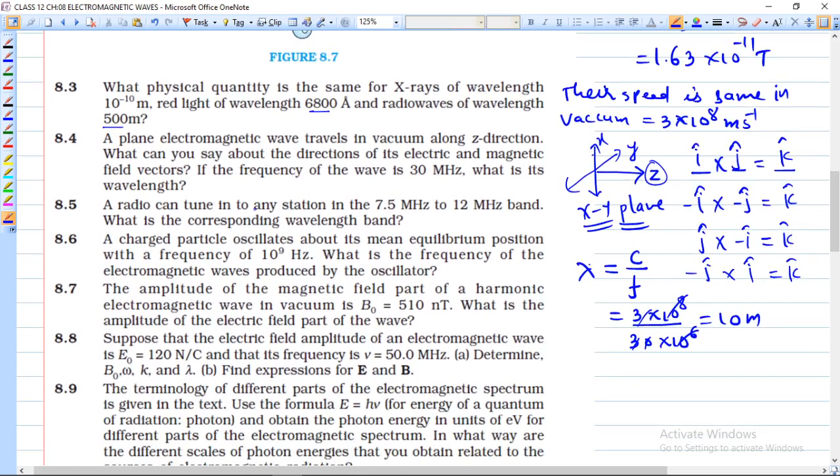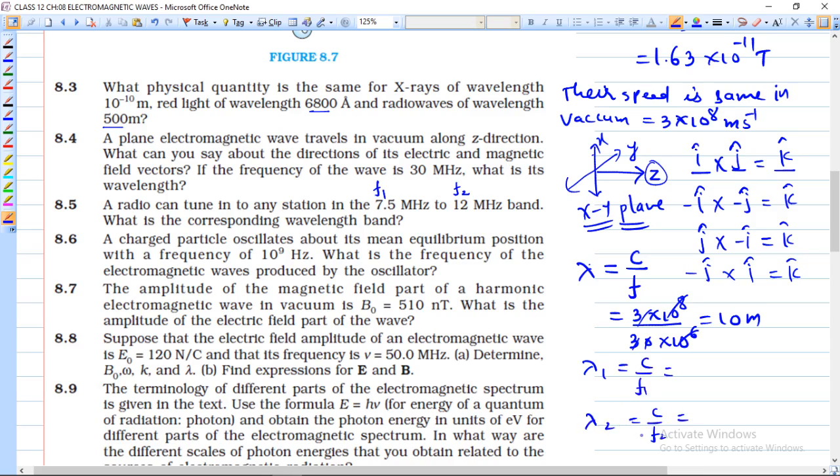A radio can tune into any station in the 7.5 megahertz to 12 megahertz band. What is the corresponding wavelength band? See, this is frequency number 1. This is frequency number 2. So you have to find out lambda 1. Lambda 1 equals C upon F1, and lambda 2 equals C upon F2.